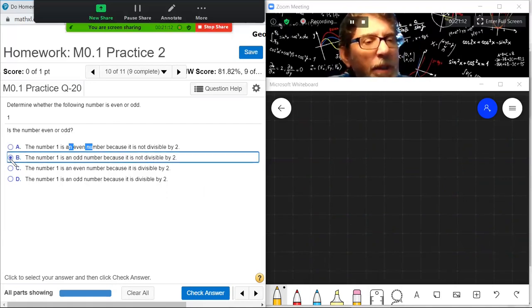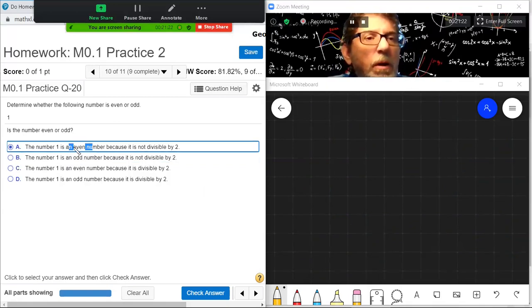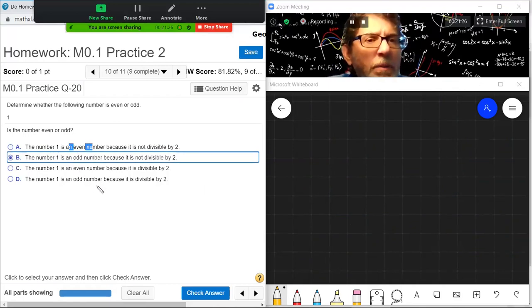That makes sense, but let's keep going and see why the others would not make sense. The number 1 is an even number. Nope, that's not it. And then finally, we have the number 1 is an odd number because it is divisible by 2. That makes no sense. The number 1 is odd because it is not divisible by 2.